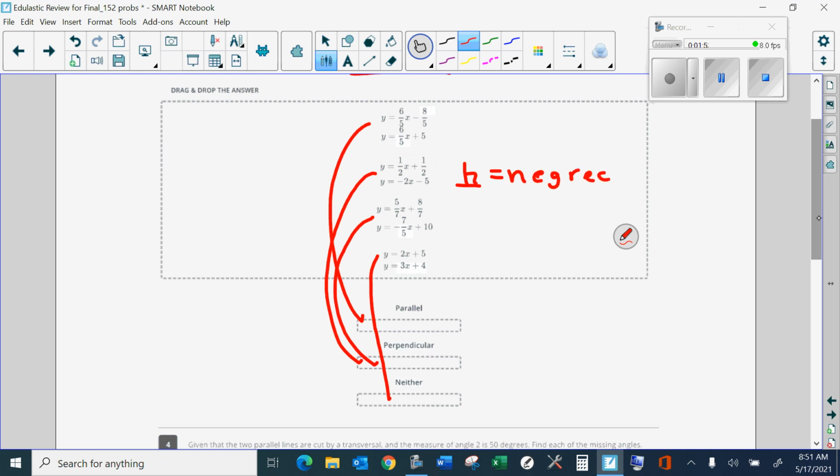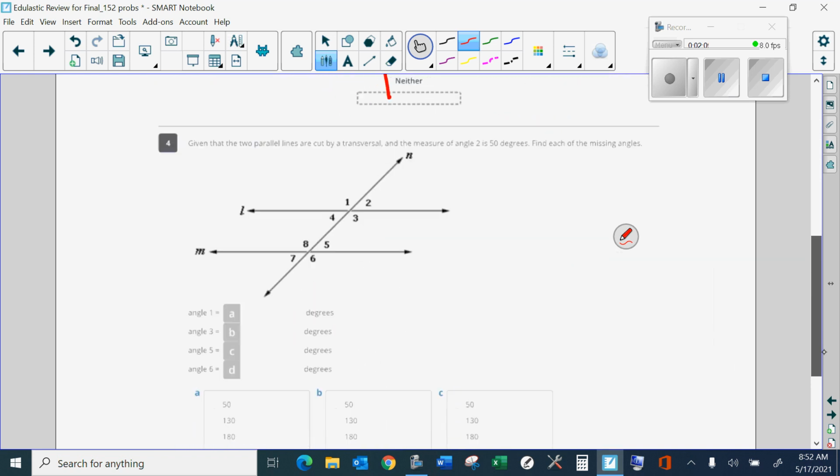Not just reciprocal, it has to be negative reciprocal. Parallel, same slope. Where's the slope? The coefficient of the x, your m. These are all written in slope-intercept form.